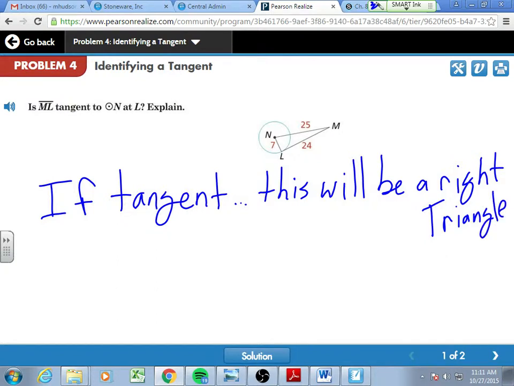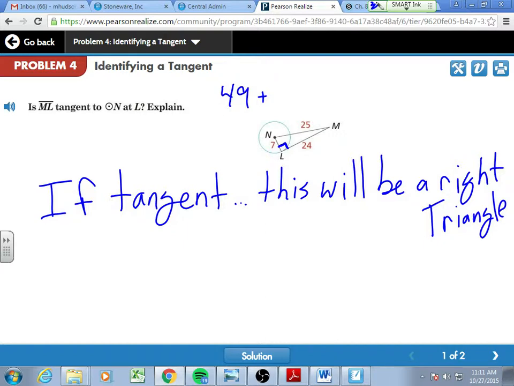If tangent, there's going to be a right triangle because there's a 90-degree angle, and then MN would be my hypotenuse here. If tangent, that has to be a right angle. So test it with the Pythagorean theorem. What's 7 squared? Well, 49 plus 24 squared.